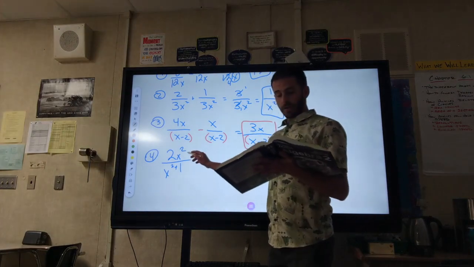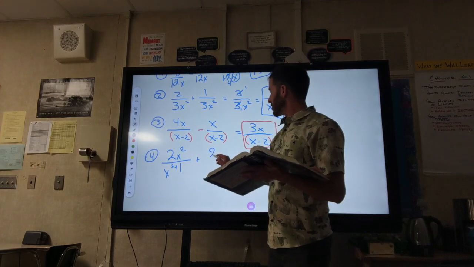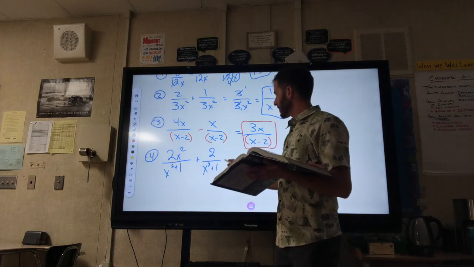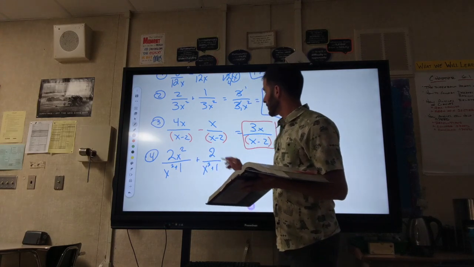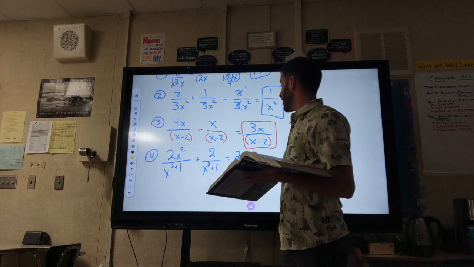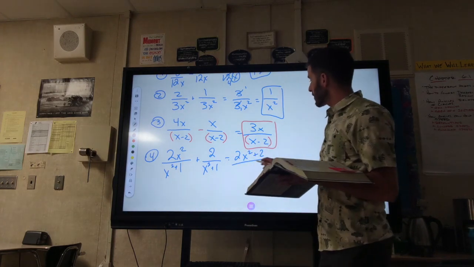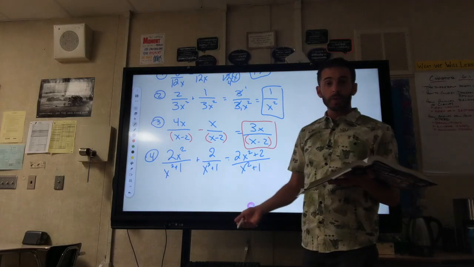Number 4, 2x squared over x squared plus 1 plus 2 over x squared plus 1. Same denominator. So 2x squared plus 2 is not friends. It's just 2x squared plus 2. There's no like terms. All over x squared plus 1. Now we need to see if we can simplify.